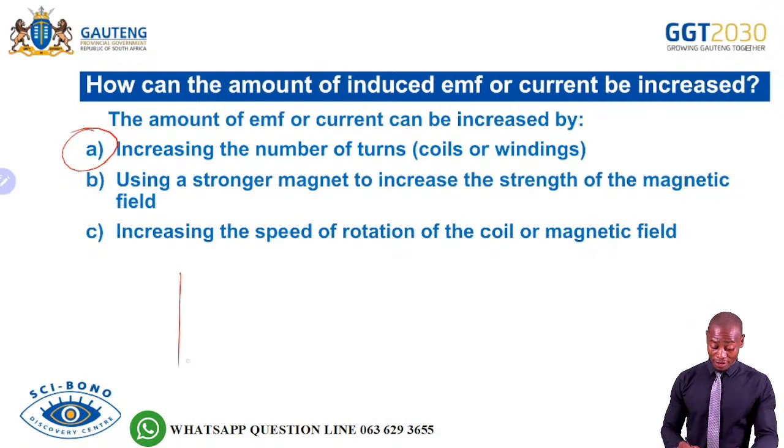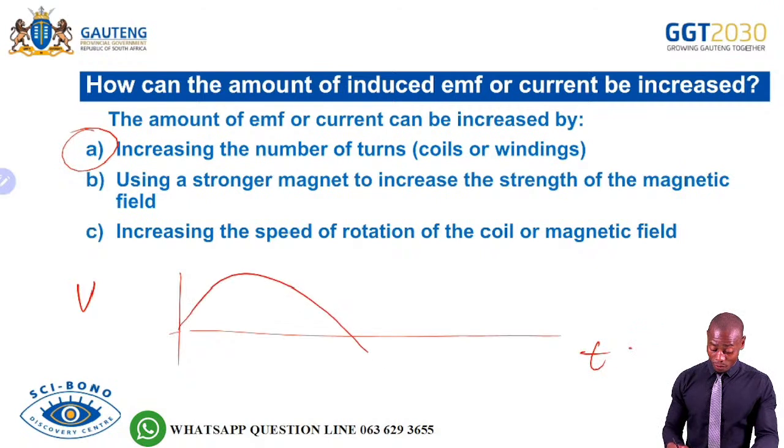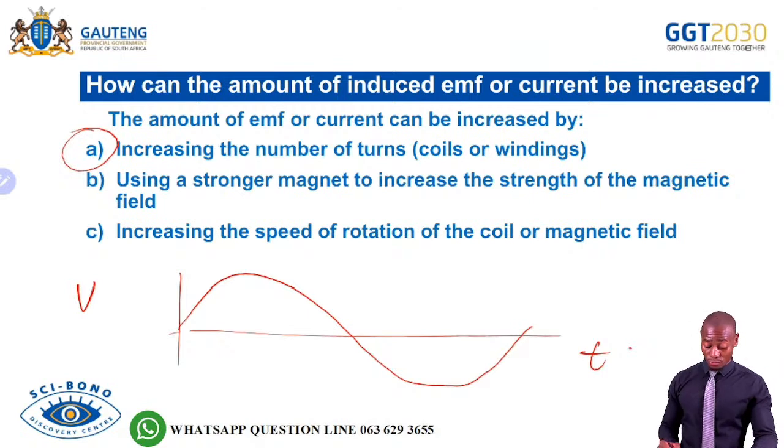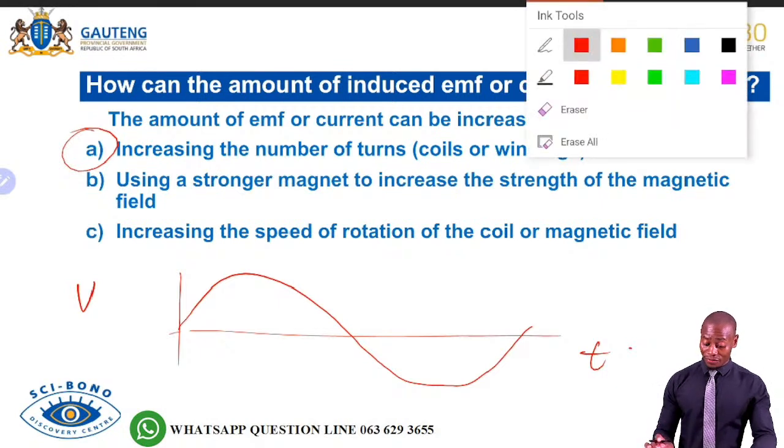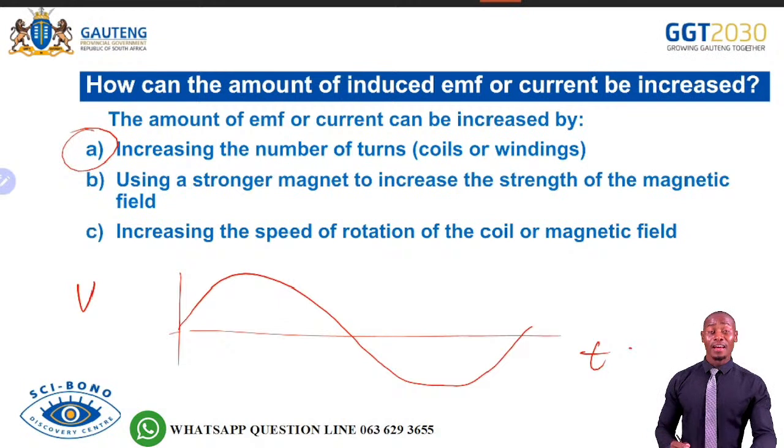All right. So for example, you're having a graph of potential difference versus time, and let's say this is your graph for an AC generator. The EMF induced in an AC generator. If you increase the number of turns, then what will be affected is only the amount of EMF that is induced in that coil.